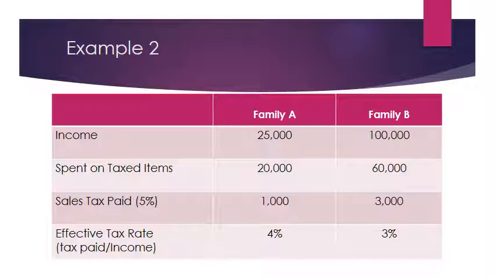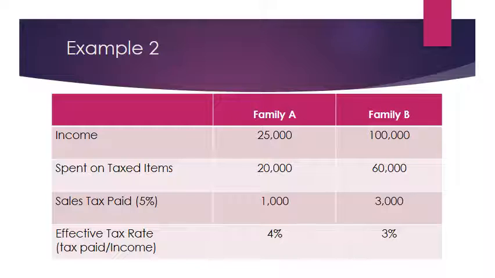Family A purchased taxed items worth £20,000, whereas family B spent £60,000 of its income on taxed items. The sales tax here is a constant tax at 5%.